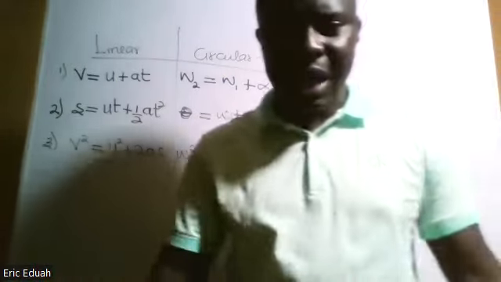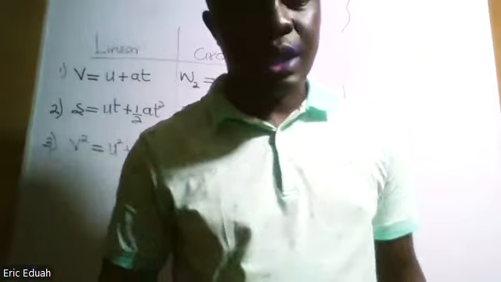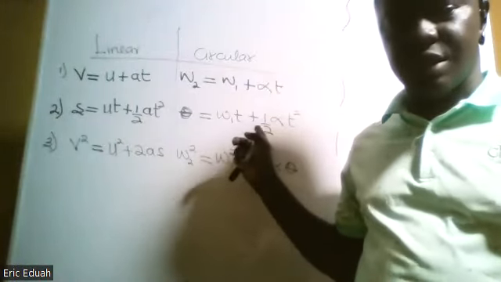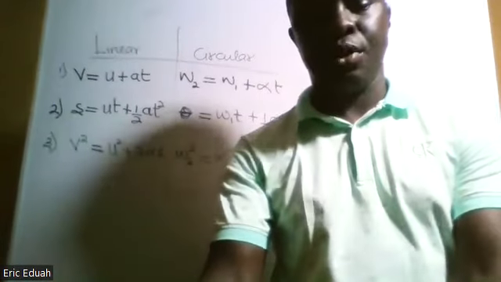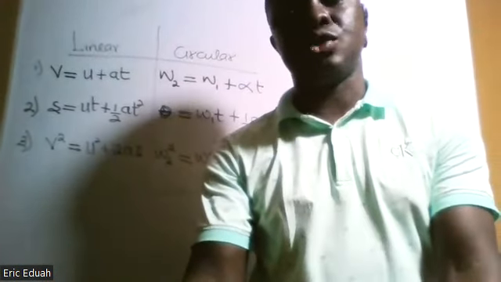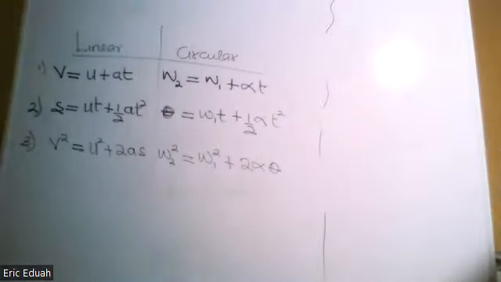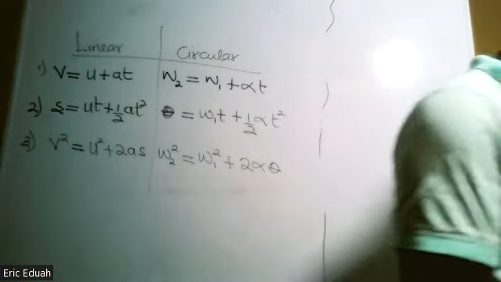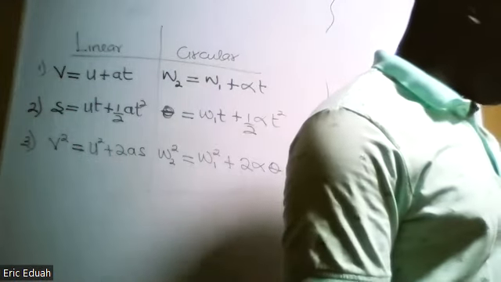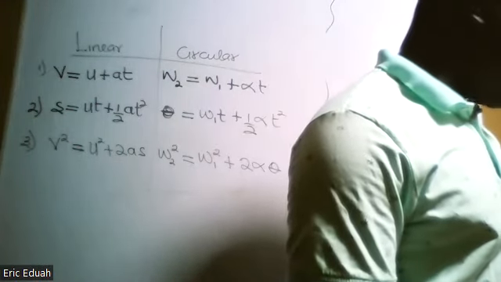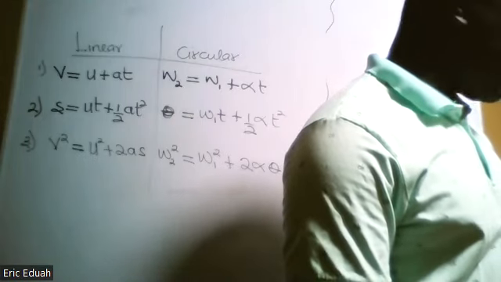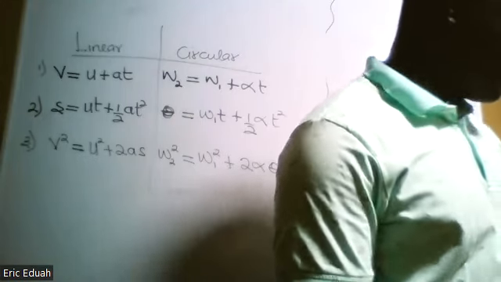Okay, so let's start the second question. Start work. Based on the information you have, choose the appropriate equation to solve the problem. I'll attend to you in about 2 minutes' time. The question is that the rim of a compact disk starts from rest and after 30 seconds attains an angular velocity of 6.6 rev per second.